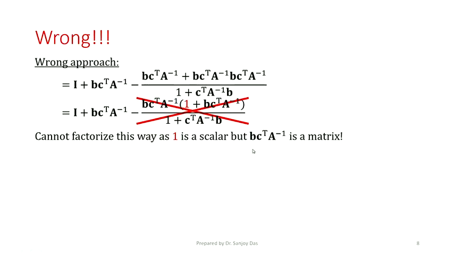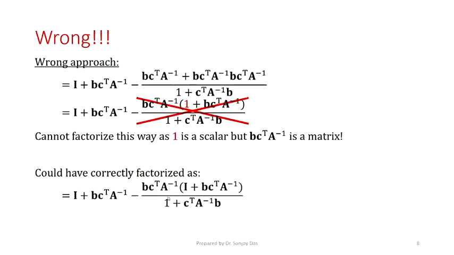Okay, let's try another way. We could have correctly factorized it. Instead of 1, I could have written I here. Let's say there are two matrices A and B. AB is the same thing as AIB, where I is the identity matrix, right? That acts as a 1. In scalars, it's like a 1. So that's the matrix version of a 1, the identity matrix.